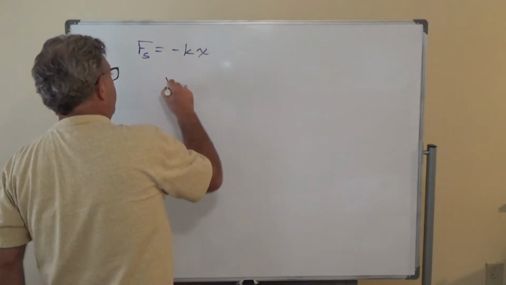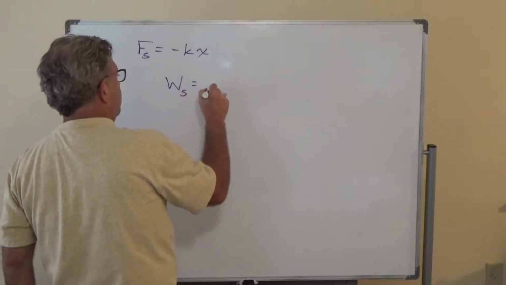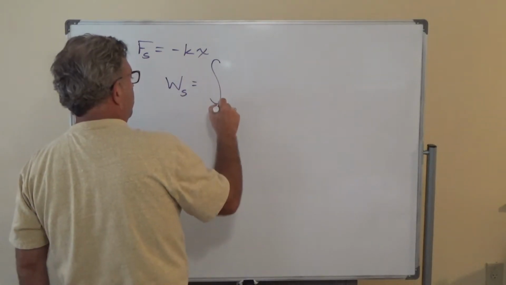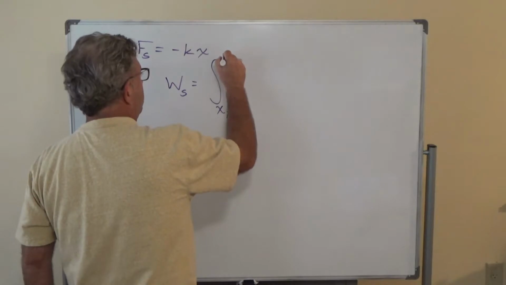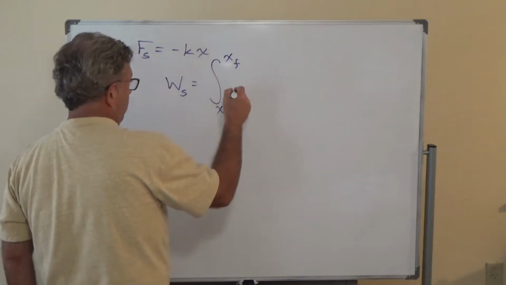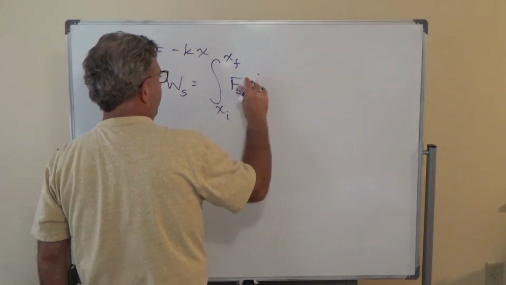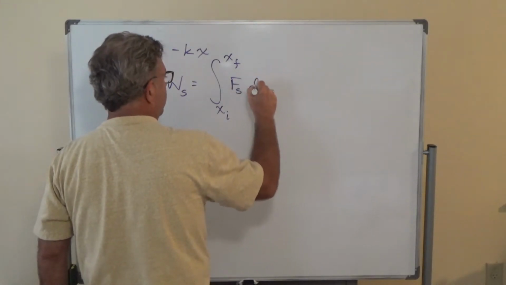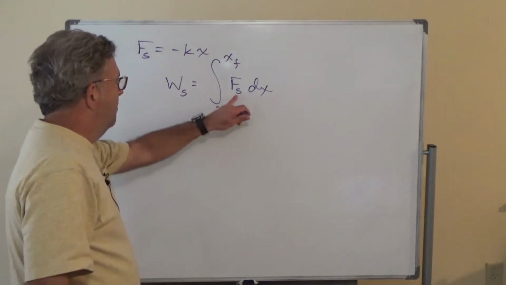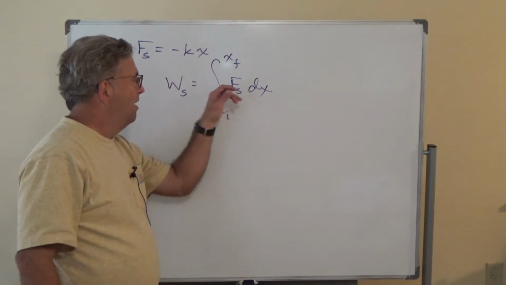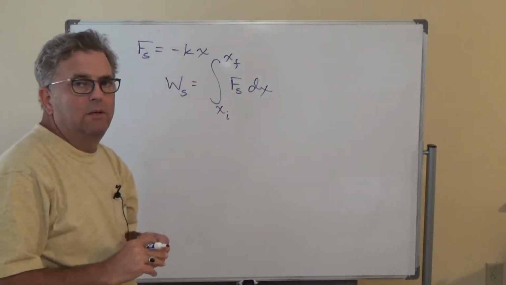So the work done by the spring, I'll call that Ws, is equal to the integral from x initial to x final of Fs dot, well, forget the dot. We're going to take care of that because Fs is going to be negative. We've already taken care of the dot product.